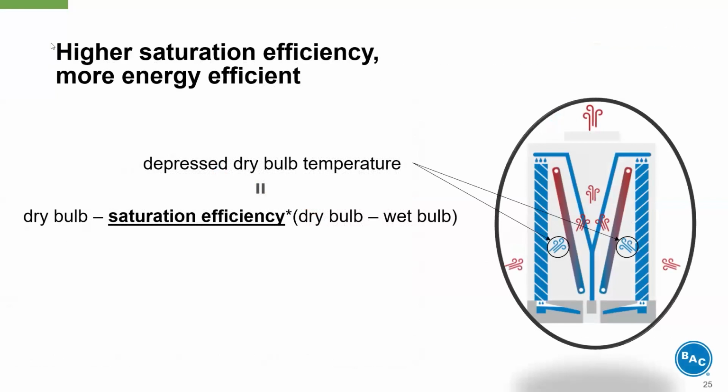So depressed dry bulb temperature, that refers to the air temperature after the pads, how much we're able to cool the ambient air. And it's directly related to both saturation efficiency and the ambient conditions, as you can see from the simple equation. This equation also easily demonstrates why adiabatic is not as effective in very humid climates. When there's a small difference between the dry bulb and the wet bulb, which is what humid climates would be, that significantly limits our ability to create depressed dry bulb temperature.